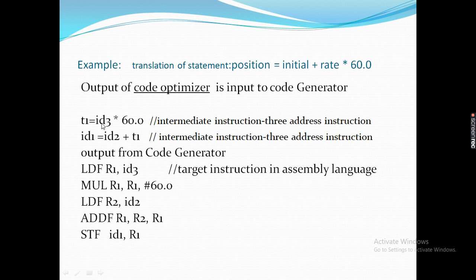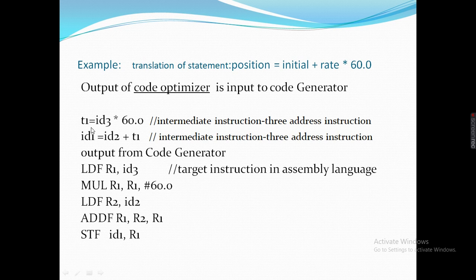First, the value of the variable id3 we have to load into register r1. For that we are selecting load f, load floating point number. Assume that the variables id3 and id2 hold floating point numbers.